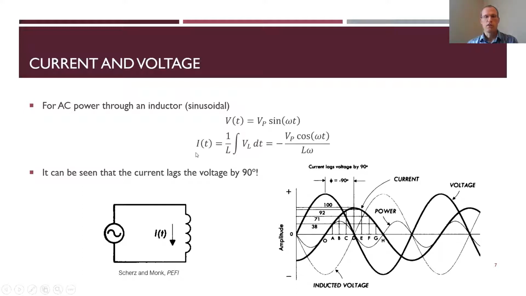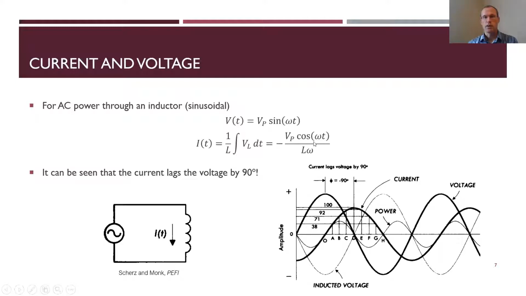Then from the definition of my inductance, I can basically integrate that in time. So my current is 1 over L times the integral of the voltage through the inductor. Voltage through the inductor has to be the same as the voltage coming out of my source, because that's Kirchhoff's voltage law. It's only two things happening. So voltages have to be the same. So this VL voltage is just Vp sine omega t.